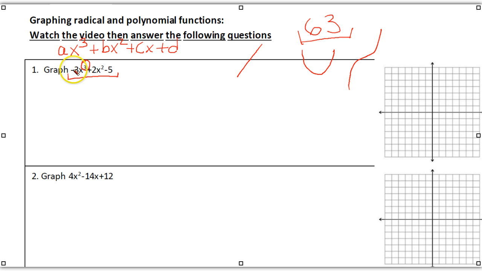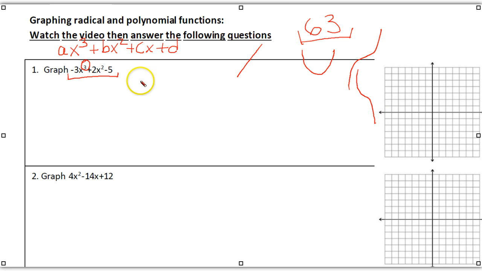So this generally changes the shape of this particular line to something that looks now like that. So if A were positive, and it was an equation to the third degree, it would have this general shape. But since it's negative, it's going to start high and go down.